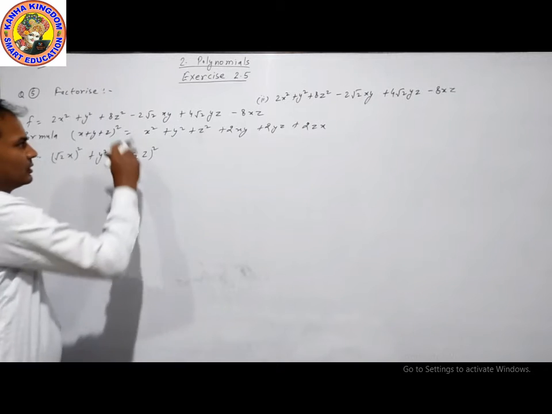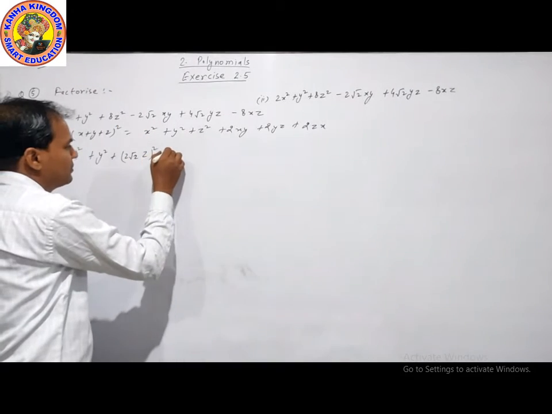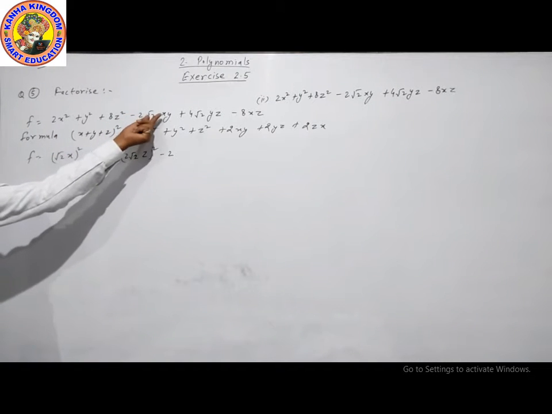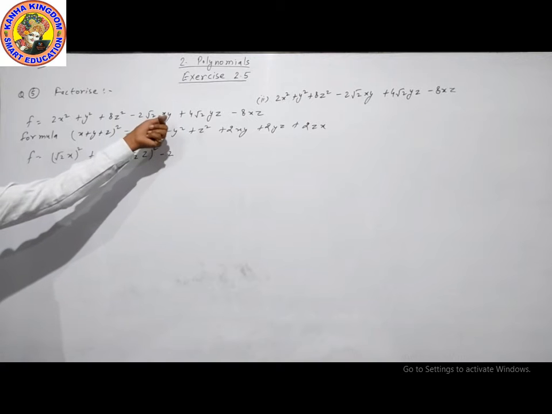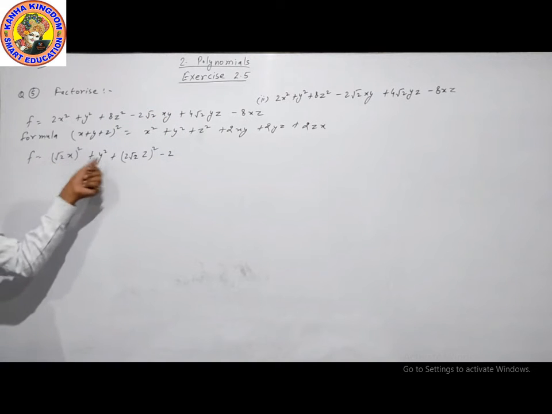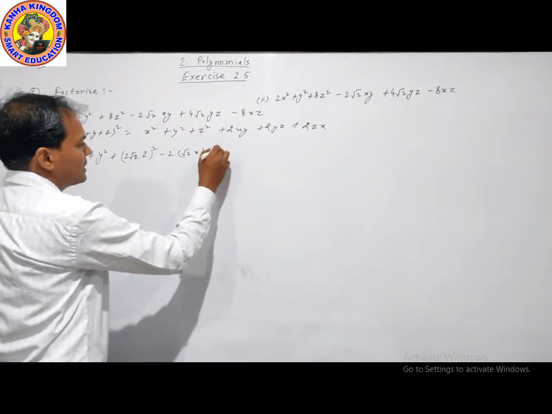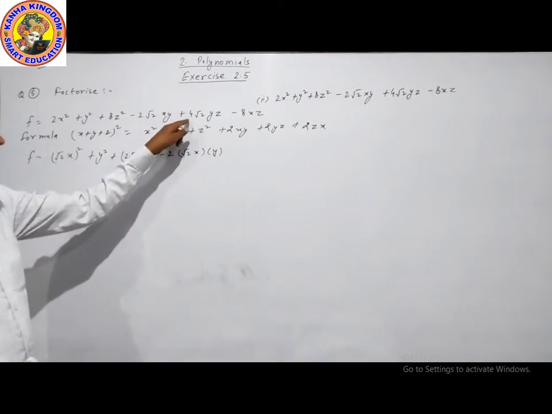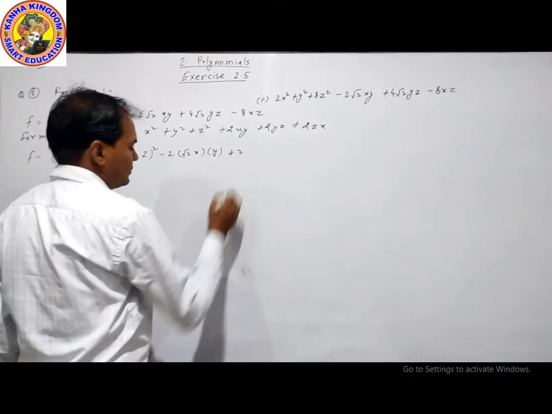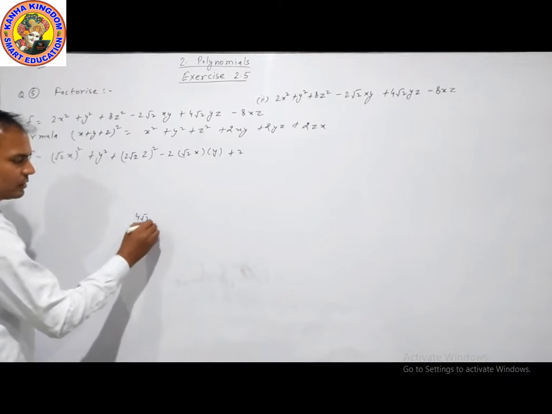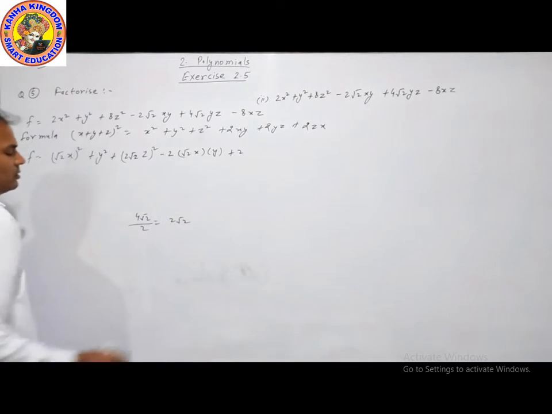Now in this term we will take common 2. The other factors are root 2x and y. Taking 2 as a common part, for root 2 taking common, the answer is 2 root 2.